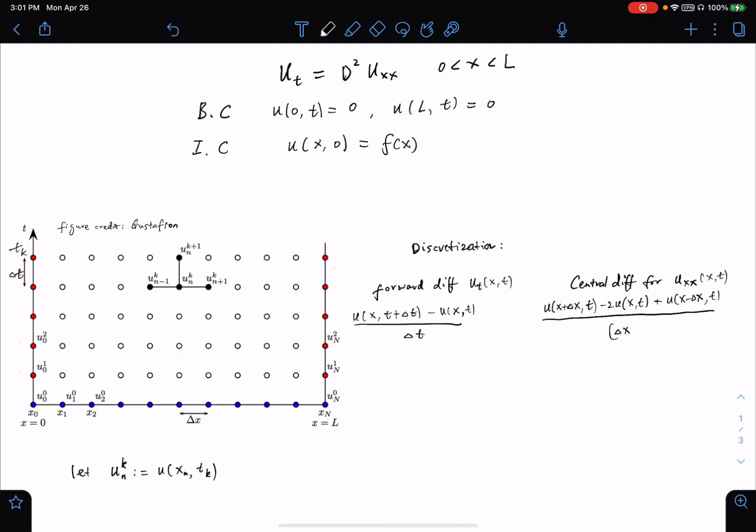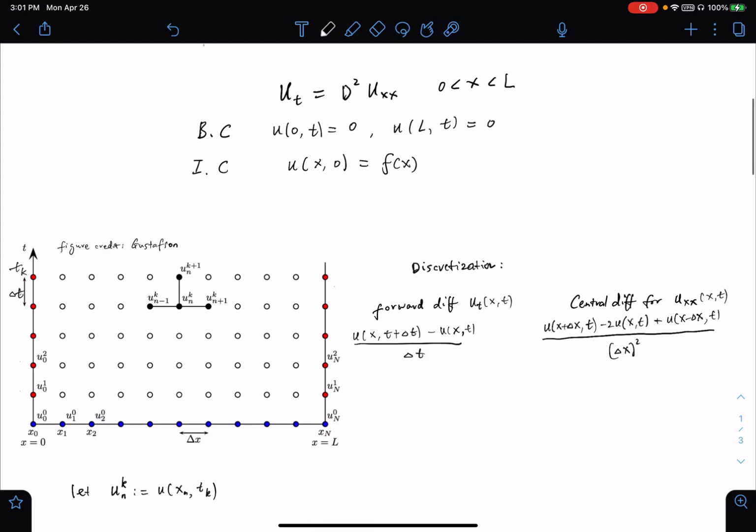Now let's complete the equation. The equation says ut is equal to d squared times uxx.